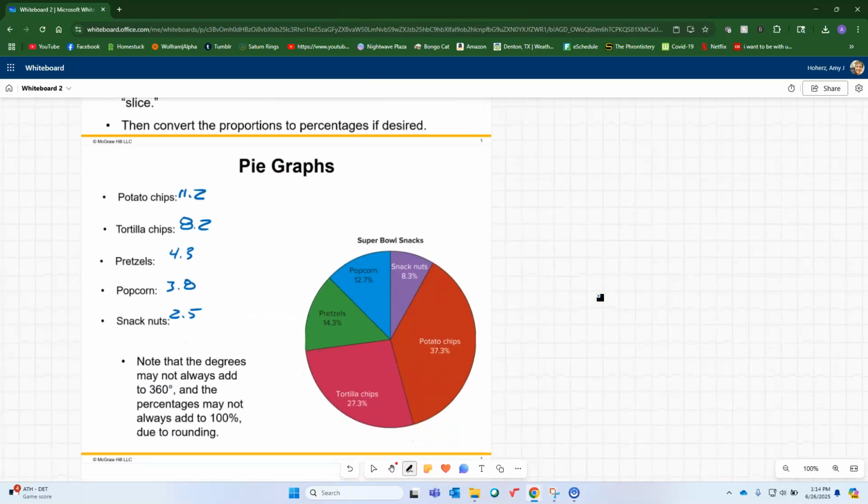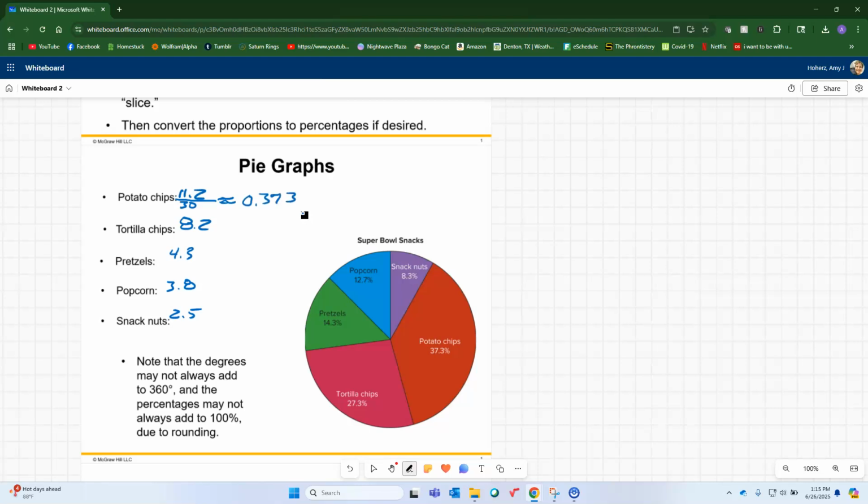So in order to get the degrees, I'm going to take 11.2 million and divide it by 30 million. That's going to get me my proportion, or actually my decimal. This is approximately, I'll put little squigglies instead of straight lines, which means approximately equal to 0.373.